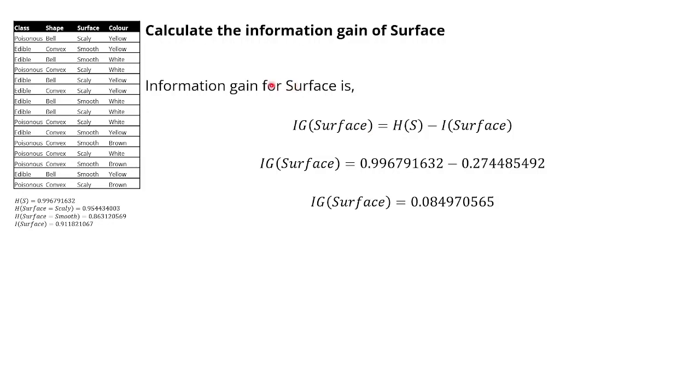Next, let's calculate the information gain of surface. So, the information gain for surface is basically we just subtract the total entropy minus the average entropy of surface. So actually, this is wrong.